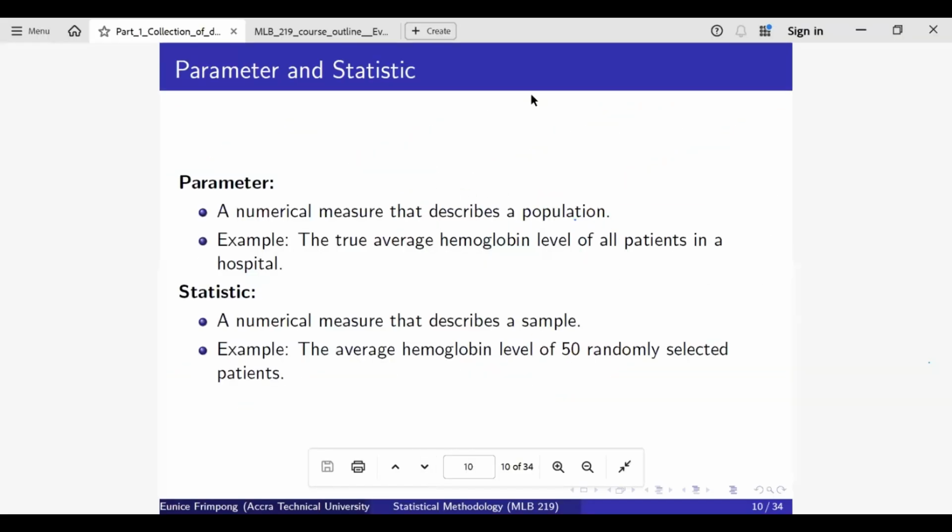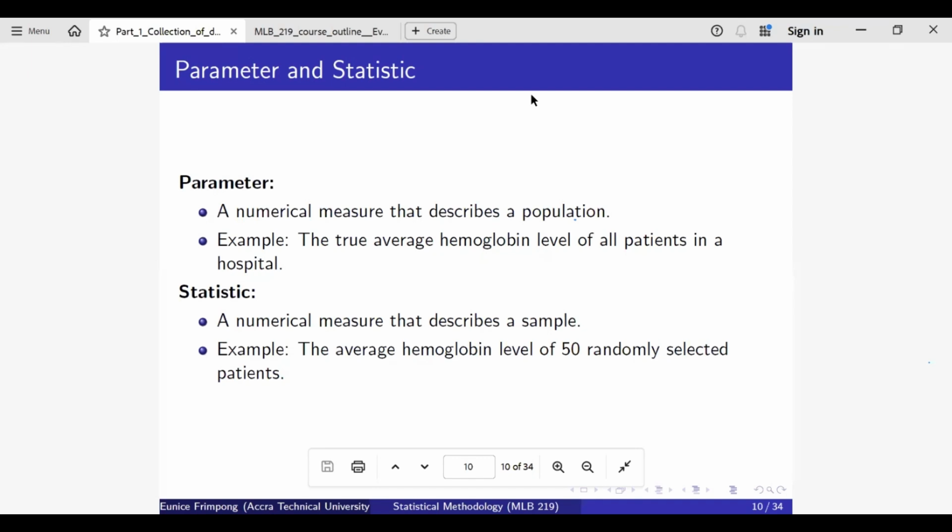Parameter and statistic. We define a parameter as a numerical measure that describes a population, and a statistic is a numerical measure that describes a sample. So we are here again with population and sample.